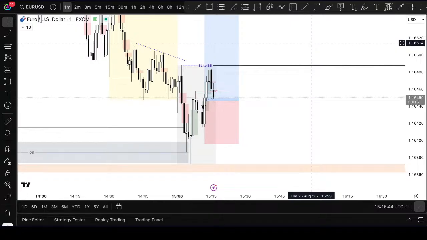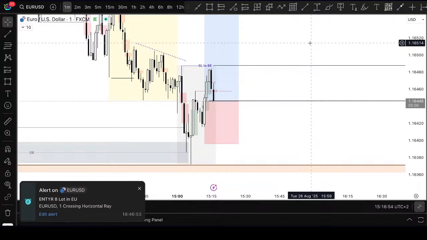When it touches, I'll go for the buy. Let's see. It can go wrong also, but yeah, it's okay. Yeah, for me the order has been placed. Sometimes it will just go fast and make a loss so easily. But irrespective of that, I follow the trade, and yeah, that's it.